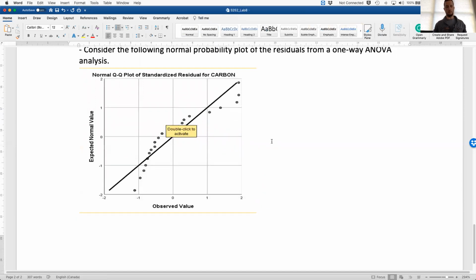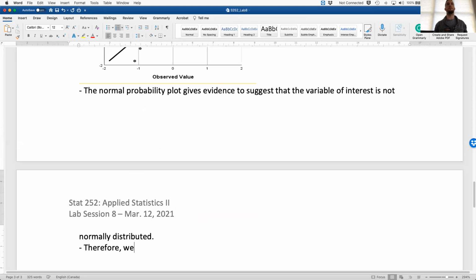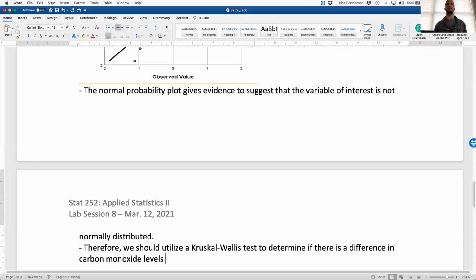Okay, so what this plot is showing us is evidence to suggest that the variable of interest is not normally distributed. Therefore, we should utilize a Kruskal-Wallis test to determine if there is a difference in carbon monoxide levels at the 3 sites of interest.